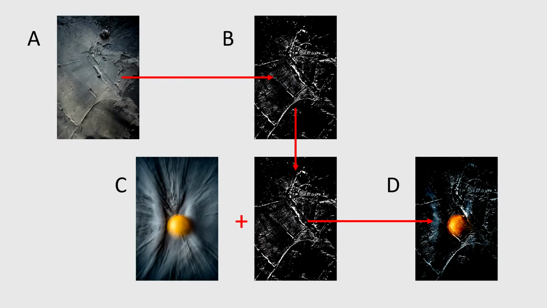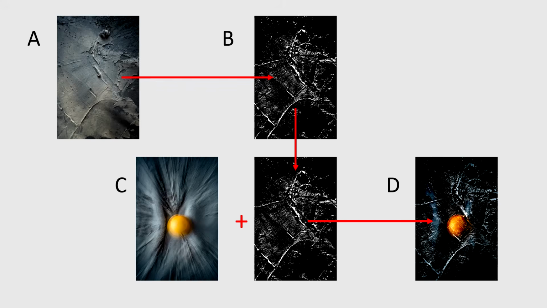What I'm going to do today is walk you through a number of slides to demonstrate how to take an image that is a good texture candidate, in this case image A, and convert it into a texture overlay that is depicted in image B. Then, after this texture overlay is completed, I'm going to show how that image can be used to transform a finished image, in this case image C, into an entirely new image D using the many blending options available in Adobe Photoshop.